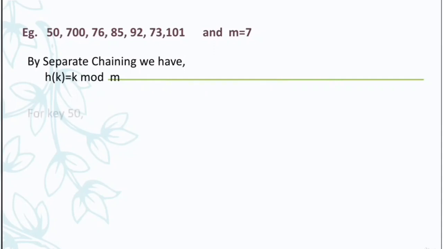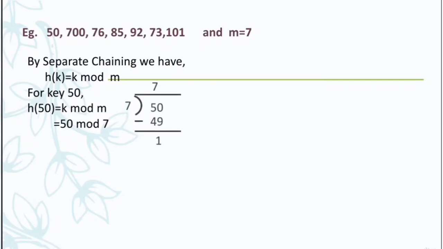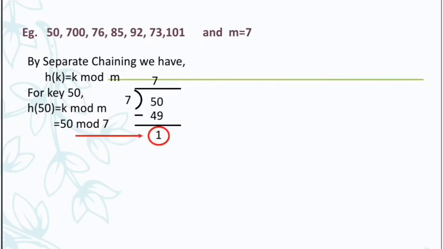So for the first key, that is 50, we get h of 50 equals k mod m, which equals 50 mod 7, where k is 50 and m is 7. How can we get the mod value, that is 50 mod 7? Simply by dividing 50 by 7 we get the remainder as 1, and this remainder is basically the mod value.